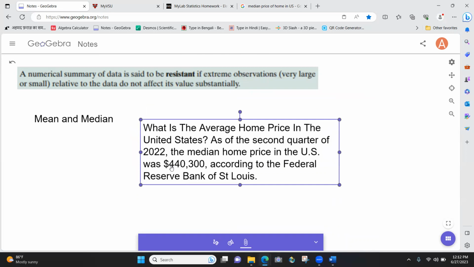To be honest, even this number seems a little high to me. It was like 200,000 only 10 years ago, I remember. Anyway, it's about 500,000. Half of the houses in the US are selling for more than 500,000, the other half for less. So this is the midpoint.